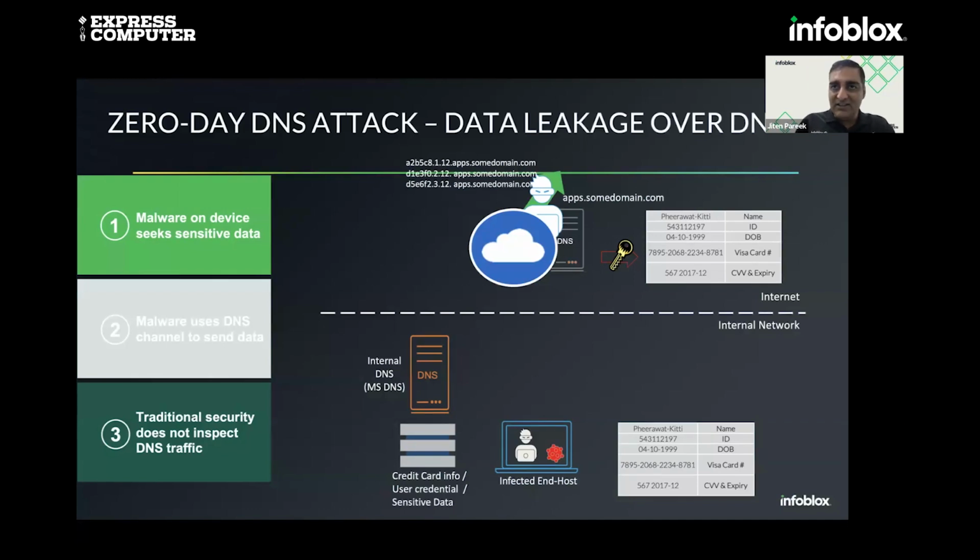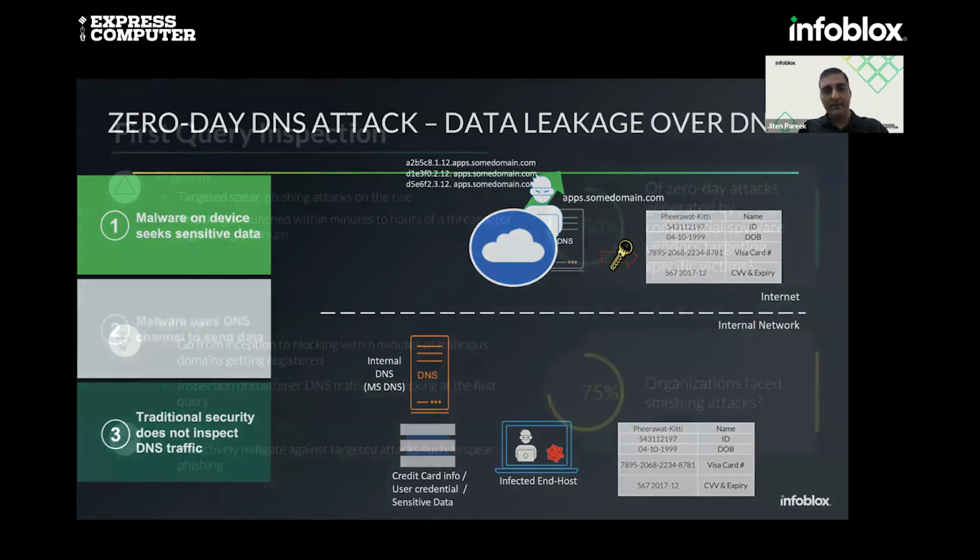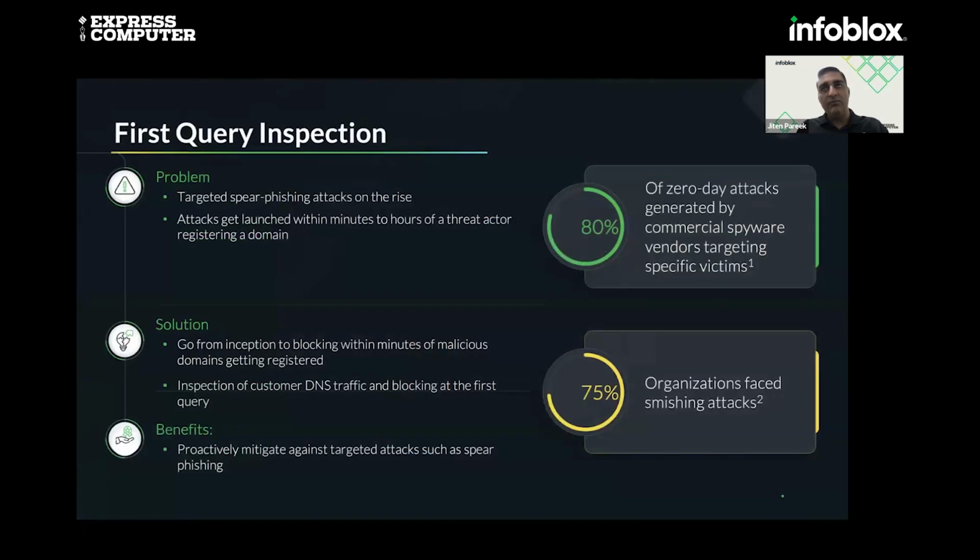And that is the reason this channel has been widely adopted by attackers to slowly take data out of the organization or bring ransomware inside your organization to impact it. We strongly suggest having first query inspection.